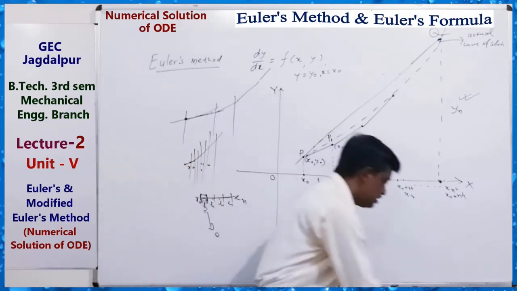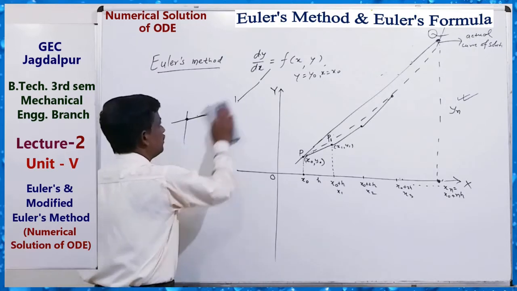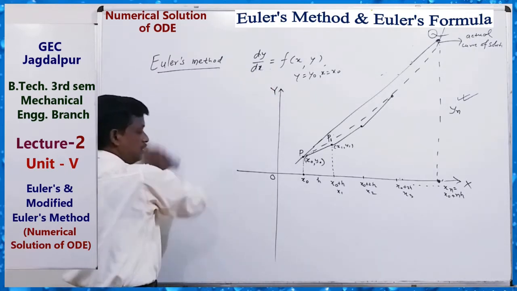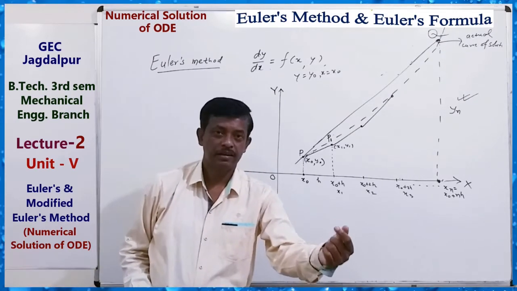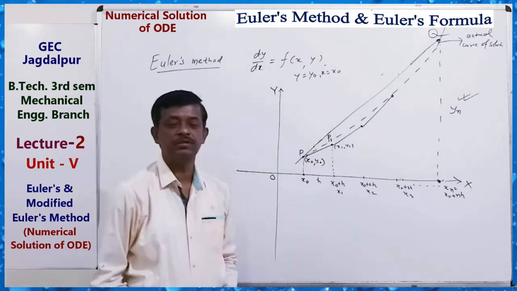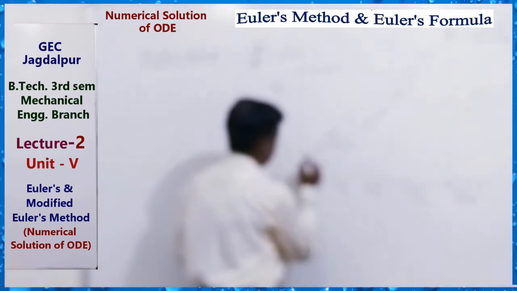So how can we find the tangent? Just use the equation of line passing through point x0, y0 and having slope. What will be the slope?